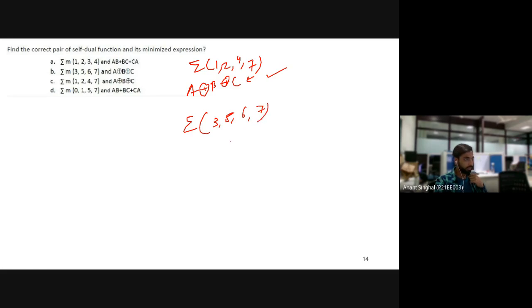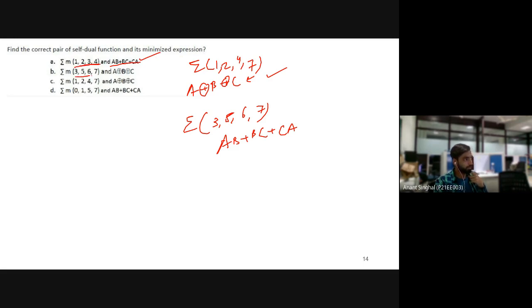I covered two concepts in the earlier question. One of them was that wherever you see summation 1, 2, 4, 7, it is nothing but the XOR gate. The other combination was that wherever you see 3, 5, 6, 7, it is the majority function, which is given by AB plus BC plus CA. The first option says this, but it is not 3, 5, 6, 7.